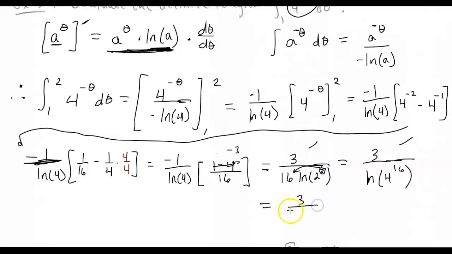And this will be 3 over 32 times natural log of 2. That's another way that we could express that answer. And so all 3 ways are correct. So it's just a matter of how you want to express it and how you plan on using the answer once you get it. Okay, let's move on to the next example.